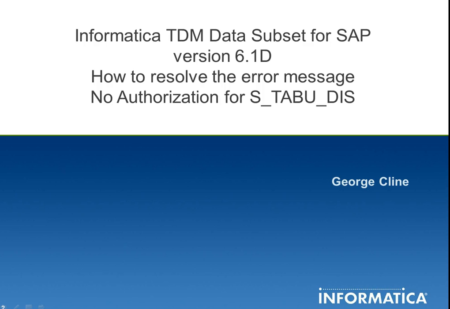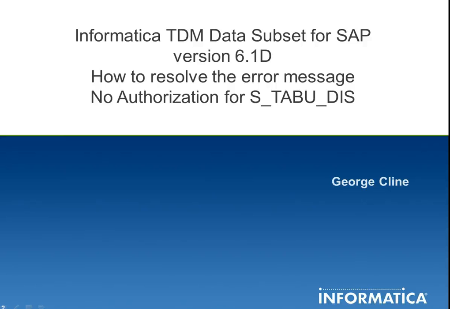Today I'm going to be talking about the Informatica Test Data Management Data Subset for SAP version 6.1D product and how to resolve an authorization error that can be issued when a user is trying to process a data subset project. That authorization error would be called S_TABU_DIS.